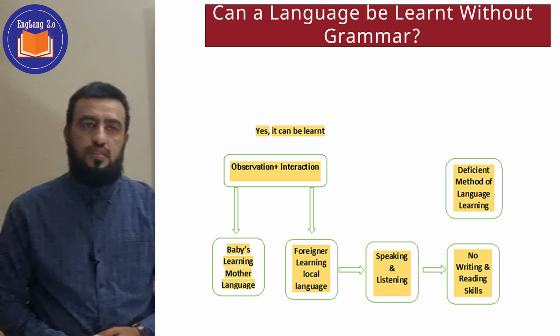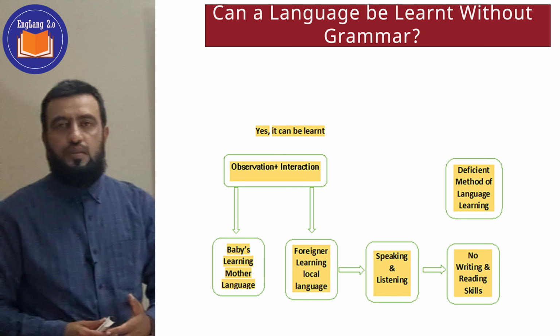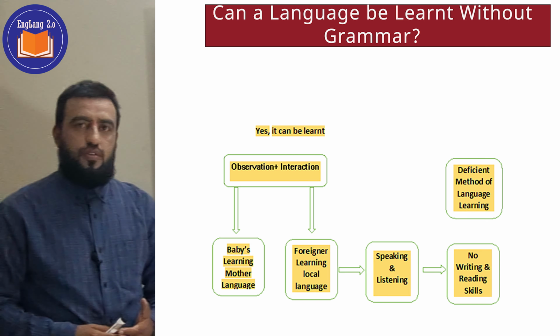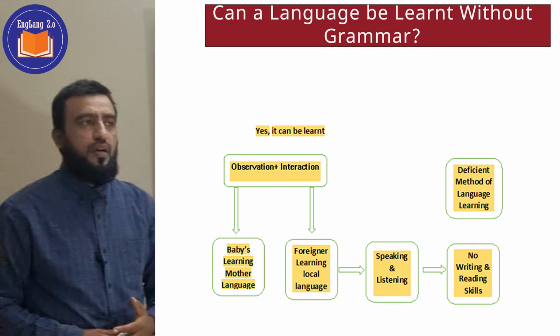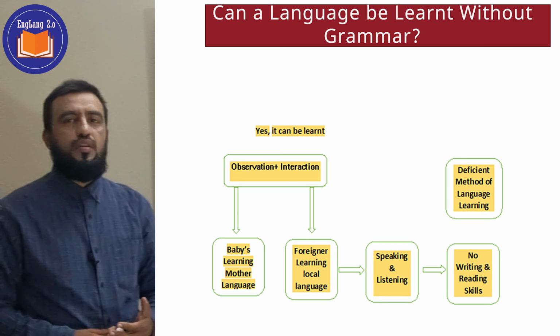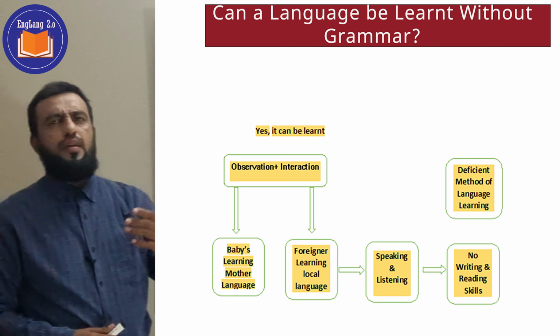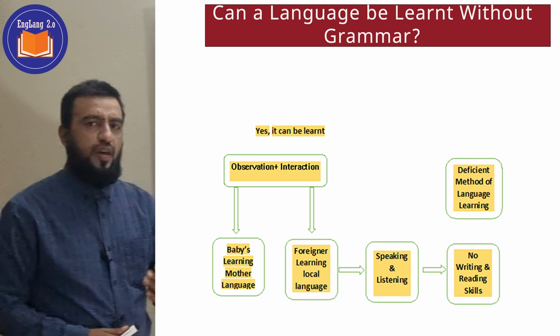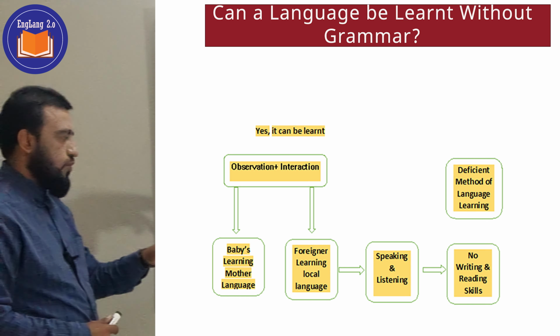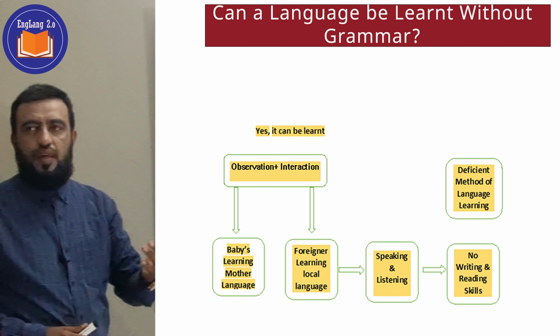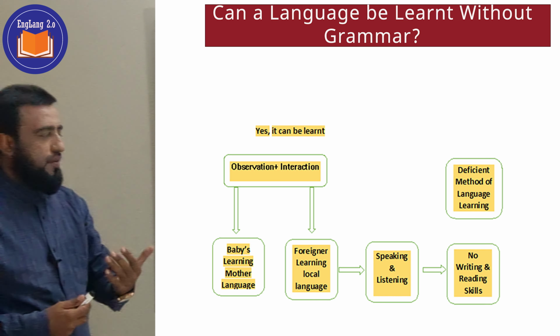The second example is when a person goes abroad, to a foreign country. Even if he is illiterate, he would learn the English language or any other foreign language, and it is just because of his observation. When he looks around, he looks at things, right?